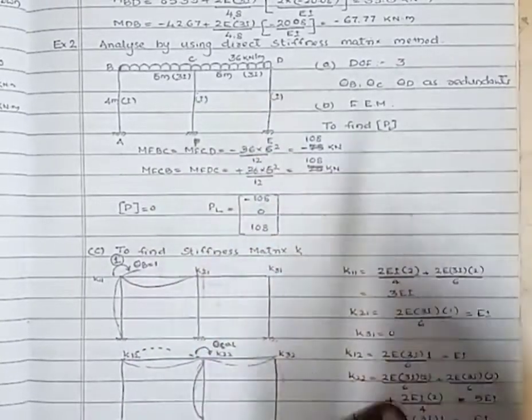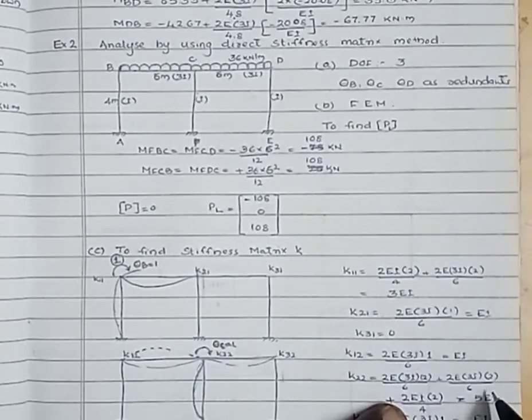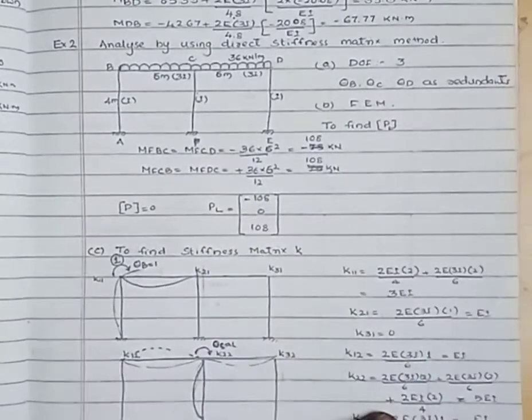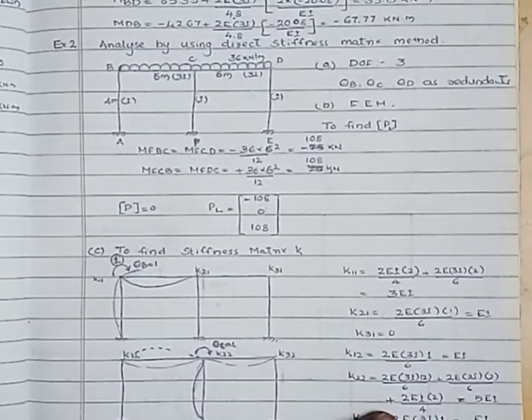Similarly for span CD, that is 4E into 3I by L, that is 6, plus for vertical member, that is 4EI by L. The length of the vertical member is 4 meter and the moment of inertia is 1. After simplification, you will get the value of K22 as 5EI.